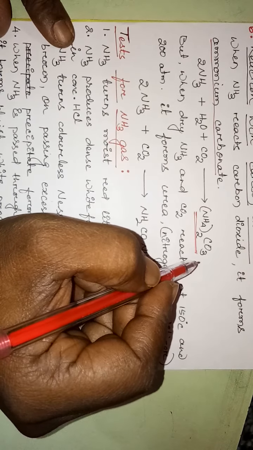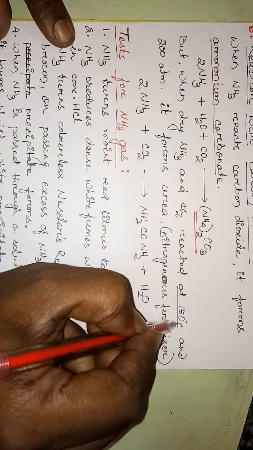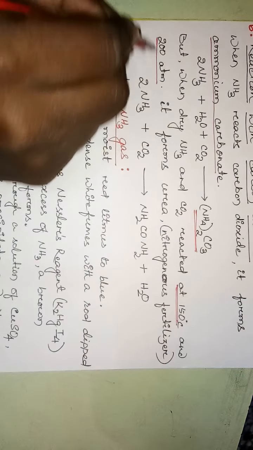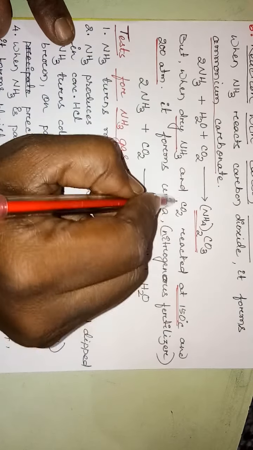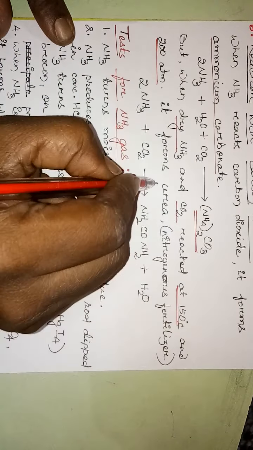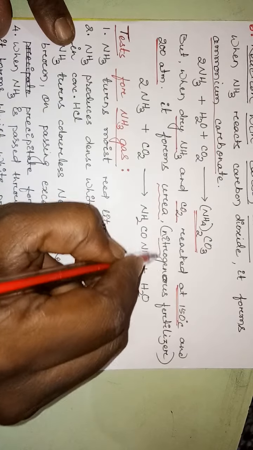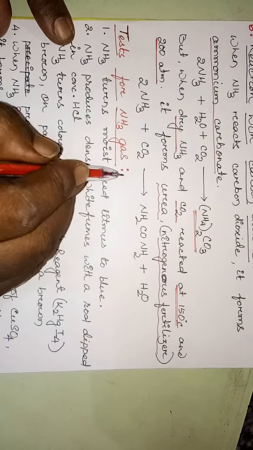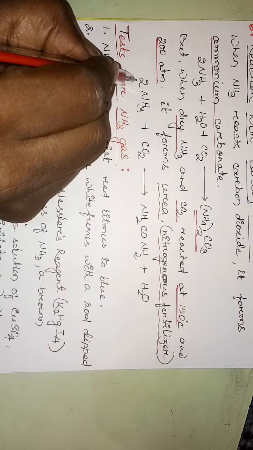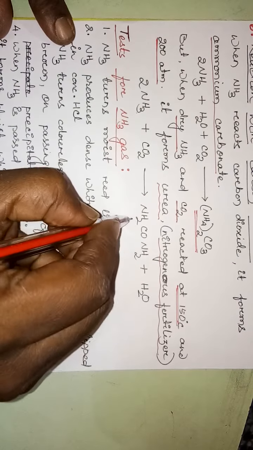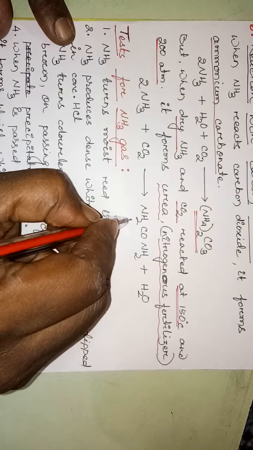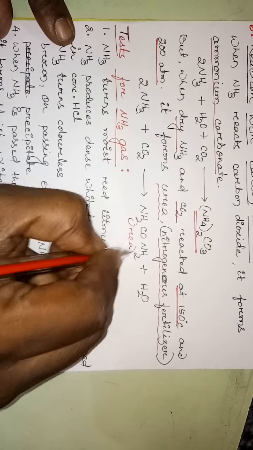But in certain conditions, like at 150 degrees centigrade and 200 atmospheric pressure, when dry ammonia reacts with carbon dioxide, it forms urea, the nitrogenous fertilizer that we prepare. So the equation is 2NH3 plus CO2 gives NH2CONH2. This is urea.